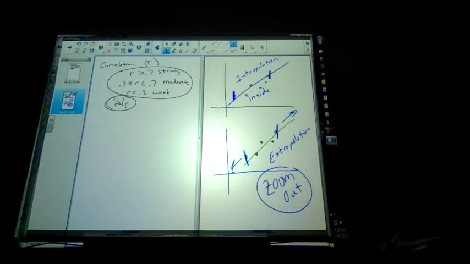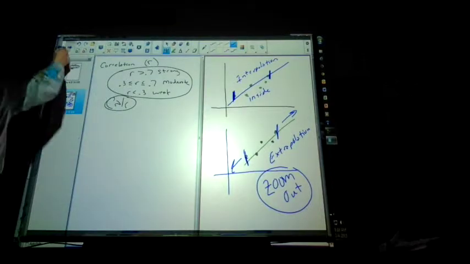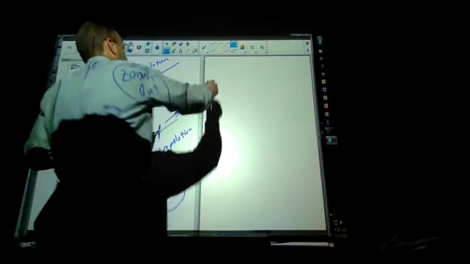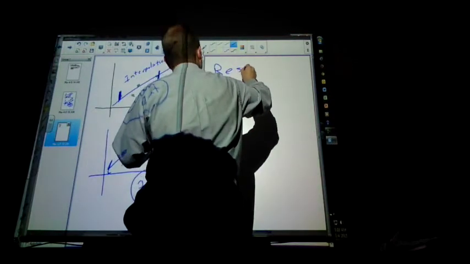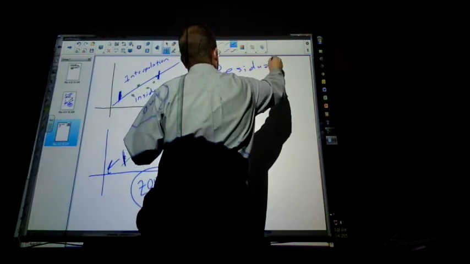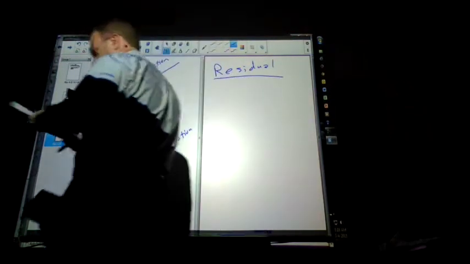Okay? So this should all be relatively new or normal stuff. You know this stuff. You've heard this stuff before. And the newest thing that we're going to talk about is called the residual. Okay.